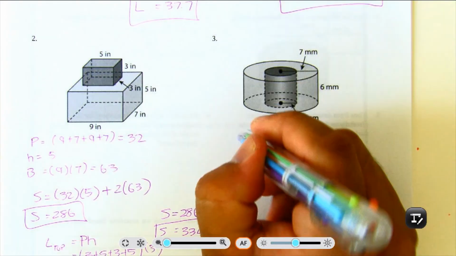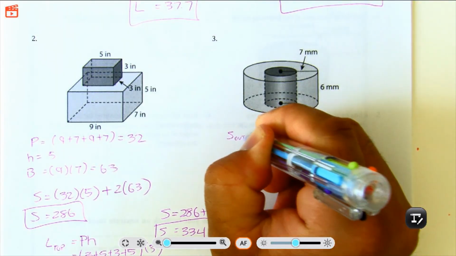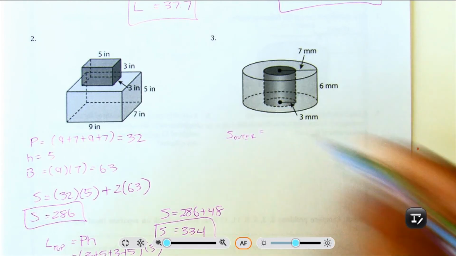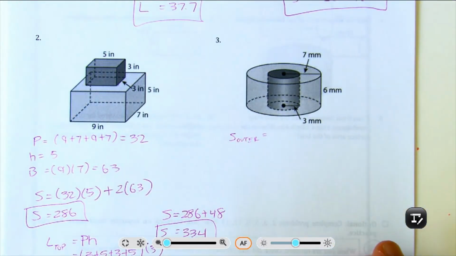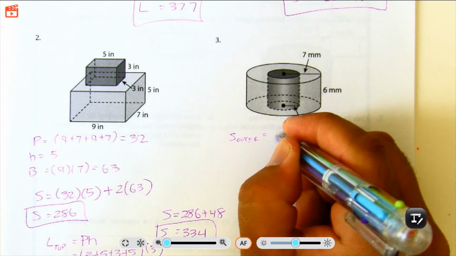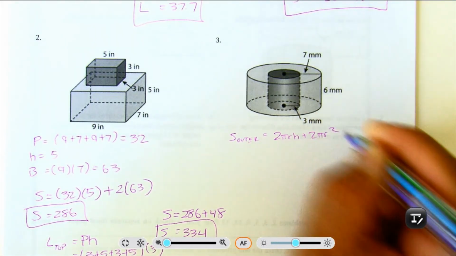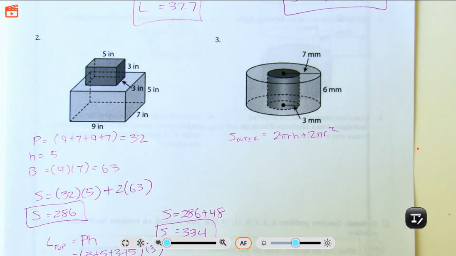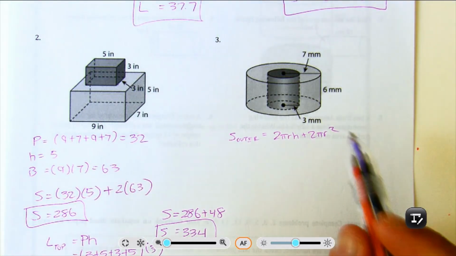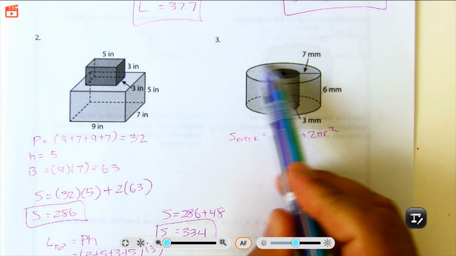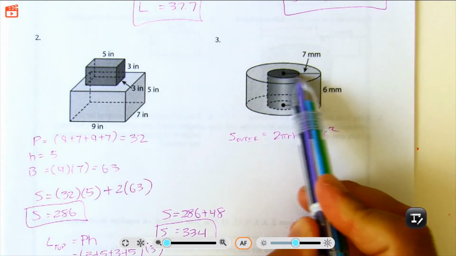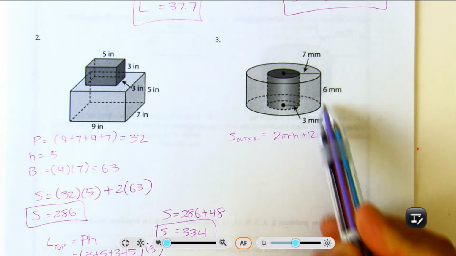So I'm going to put S outer, and remember the formula for surface area of a cylinder is 2 pi r h plus 2 pi r squared. So the radius of the large cylinder is 7, the height is 6.